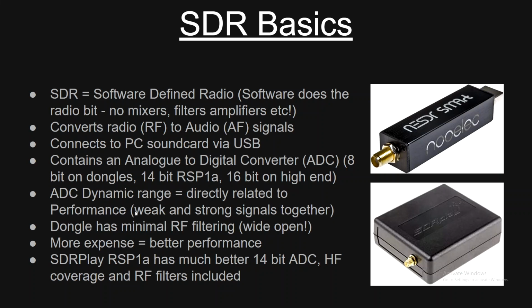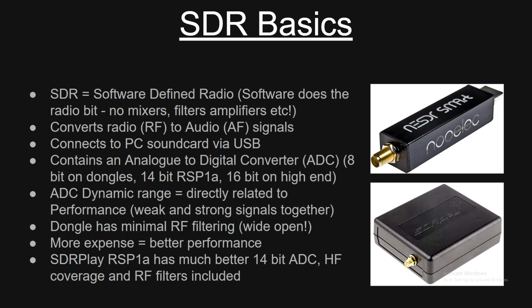The dongle has fairly minimal RF filtering. They're pretty wide as standard, because what's basically happening is it's receiving everything. It's only showing you 2 megahertz, but it's able to receive everything in one go. So if there's any strong signals completely out of band of where you're receiving, for instance, broadcast radio, they're going to make their way into your passband.